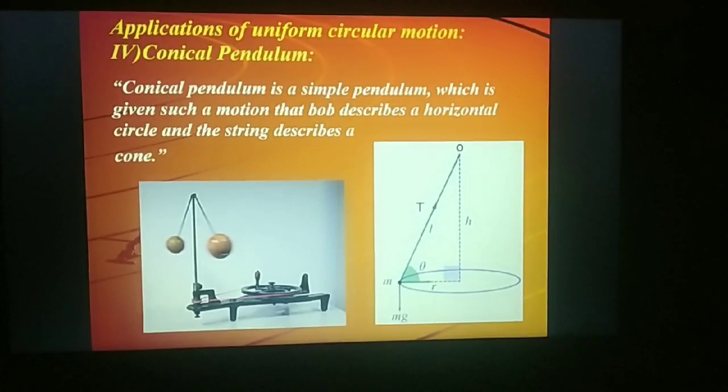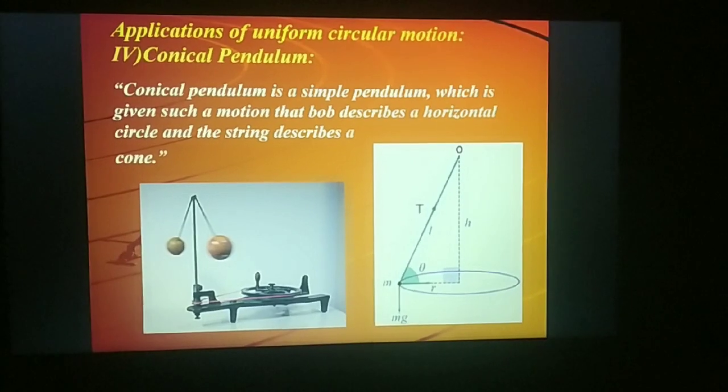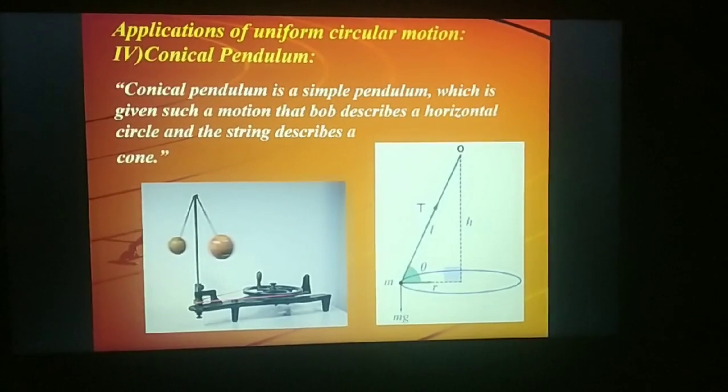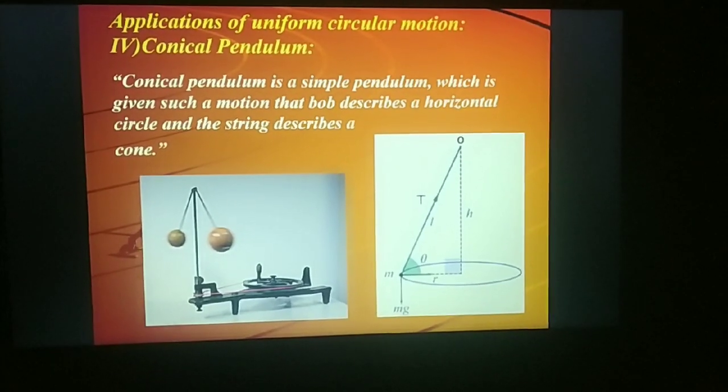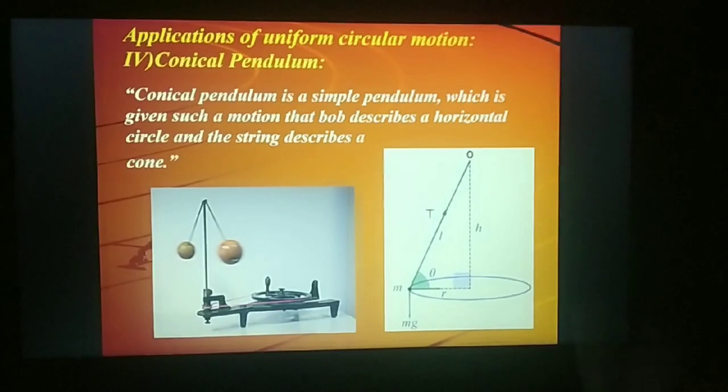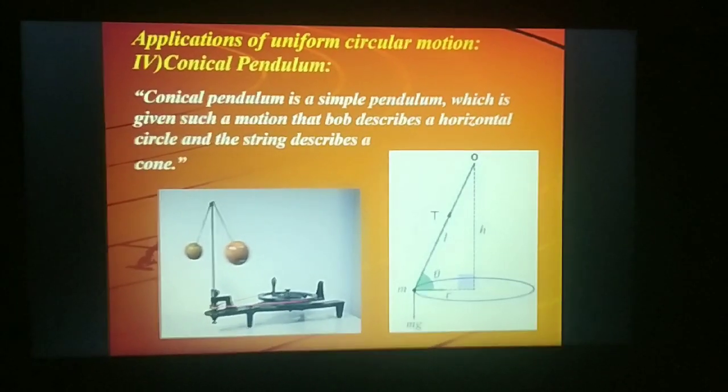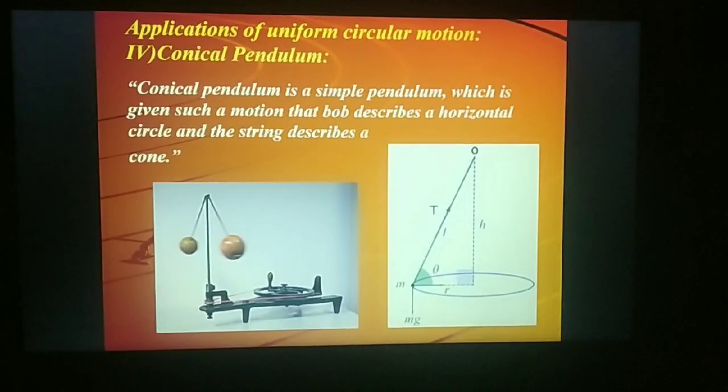You consider a simple pendulum, but give the bob such motion that it goes through a horizontal circle, and the string in that case describes a cone. That is known as a conical pendulum.